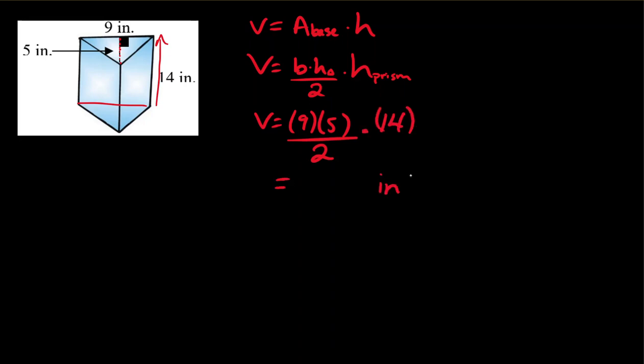We're going to get inches cubed. And when I punch this into my calculator, 9 times 5 times 14 divided by 2 is 315 cubic inches.